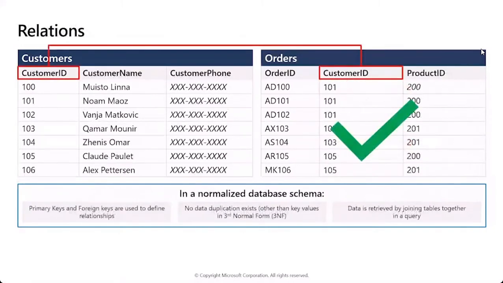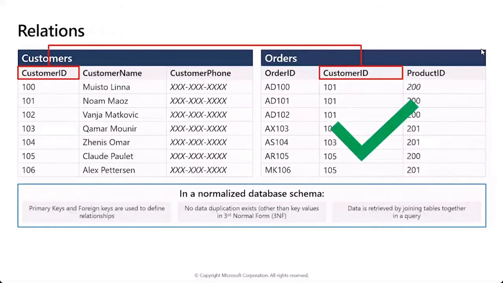So the orders table now contains both a customer ID and a product ID. Now the customer ID relates to the customer ID in the customer table, and similarly, the product ID will relate to the product ID in the products table.